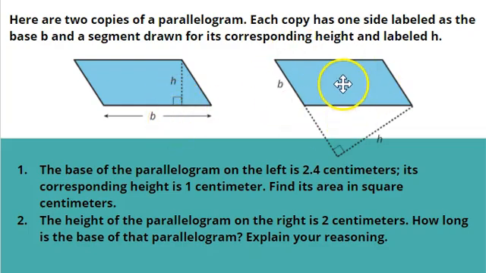If we look over at this one, the height of the parallelogram, this h, is 2 centimeters, knowing that the entire area is 2 4/10 square centimeters. How long is this base piece?